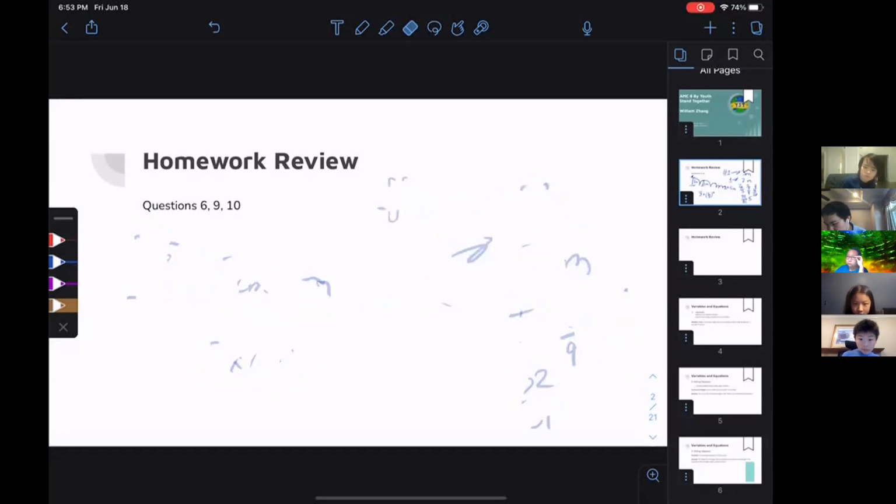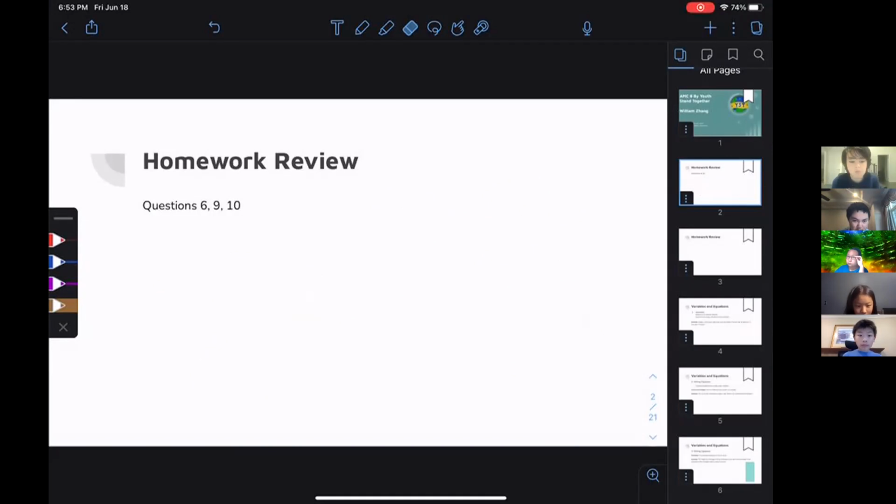And so the next homework problem that I'll go over is problem 9. Number 9 is asking how many positive integer values of n are there such that both n over 3 and 3n are 3-digit whole numbers. So to start off, can somebody tell me what this condition means?